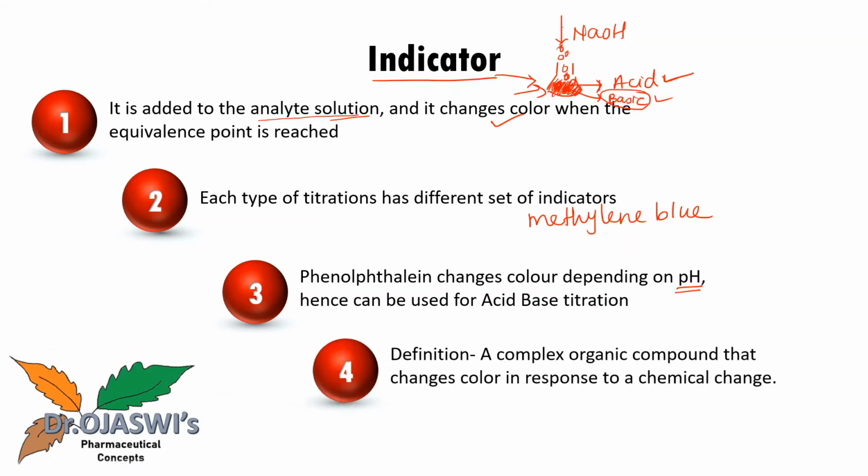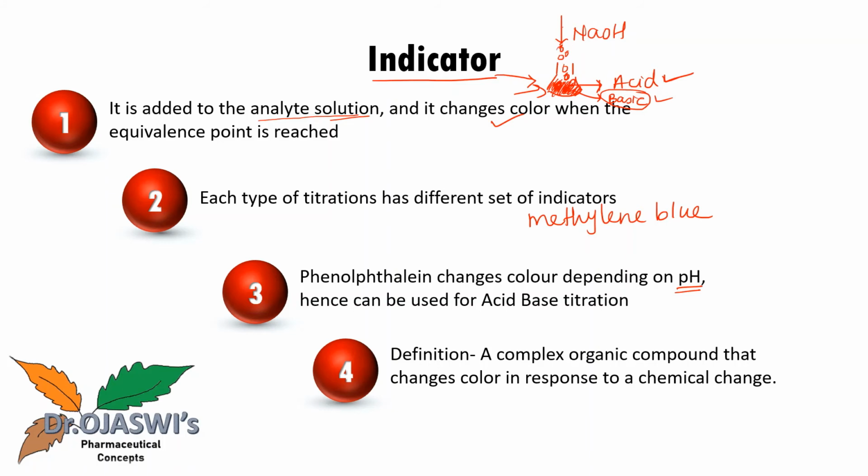So a complex organic compound that changes its color in response to chemical change is called an indicator. Okay, and the use of an indicator is key in performing a successful titration. The purpose of the indicator is to show when enough standard solution has been added from the burette to fully react with the unknown compound present in the conical flask.